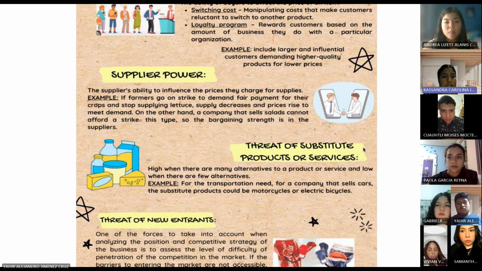On the other hand, the threat of new substitute products says that a market or segment will not be attractive if there are substitute products that are more technologically advanced or have a lower price.